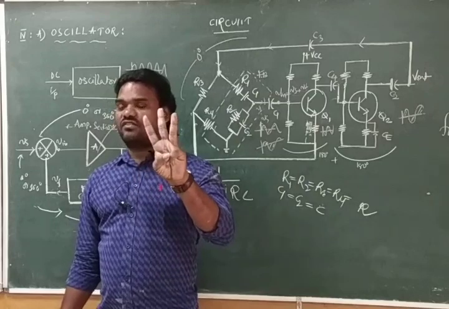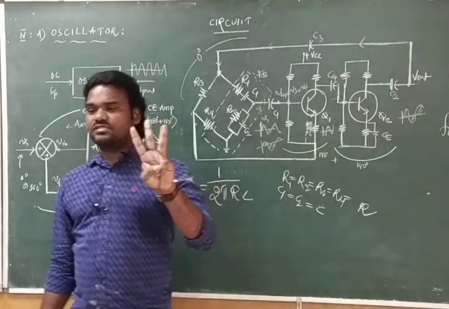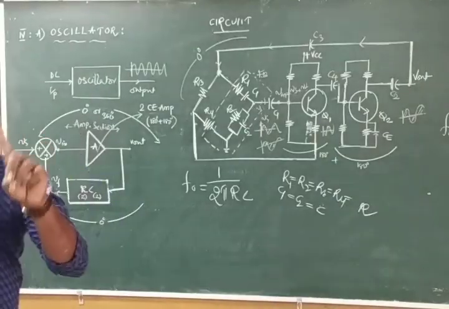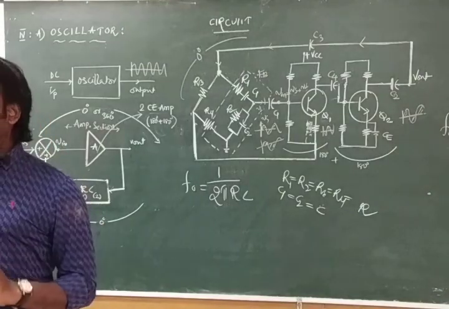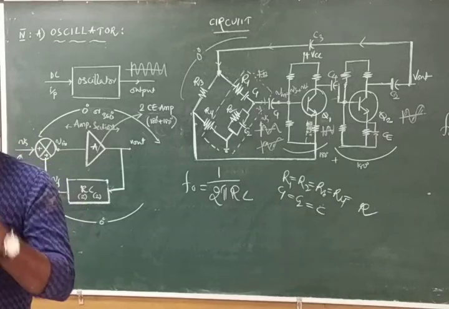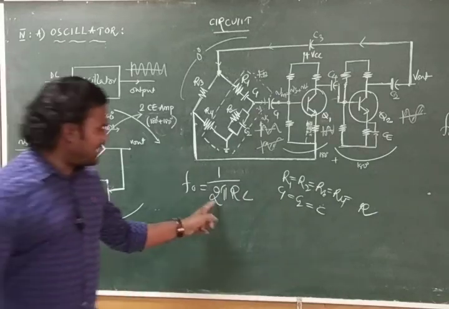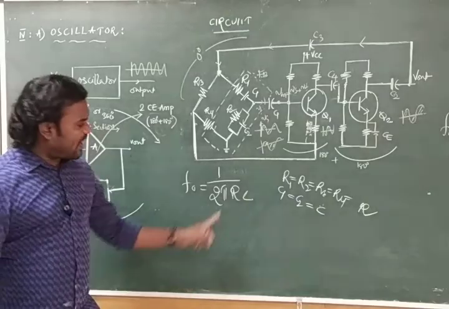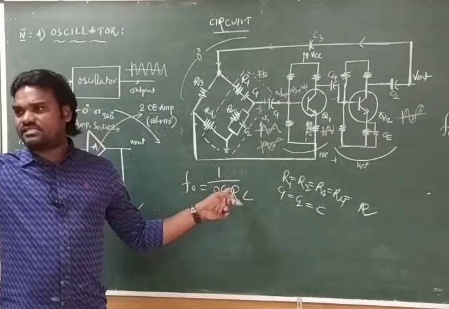There are 3 types of oscillators. What are those 3 types? RC oscillator, LC oscillator, crystal oscillator. In RC oscillator, what components can we see? R and C only.